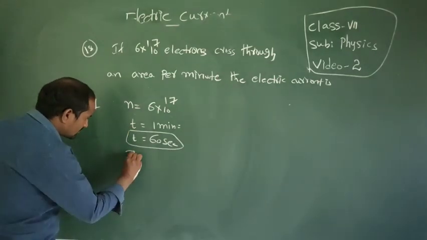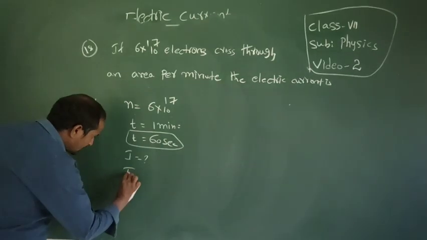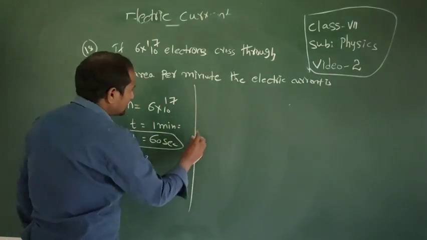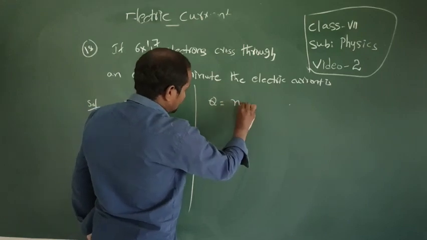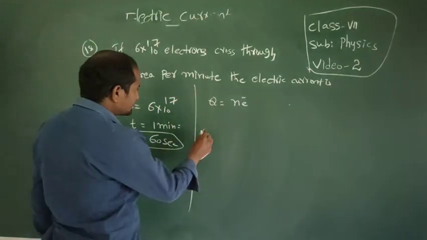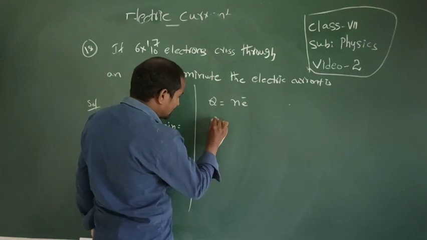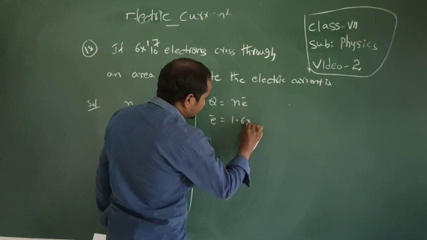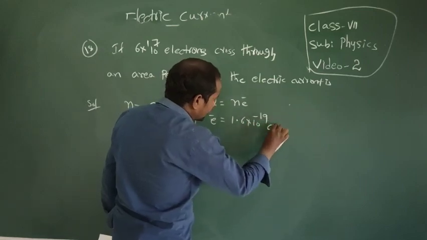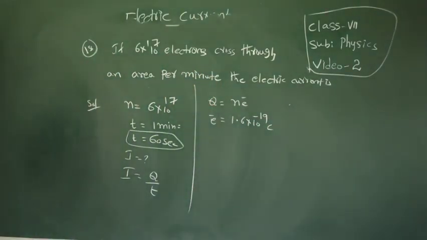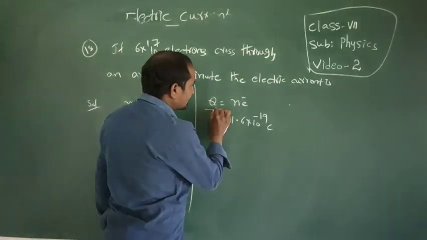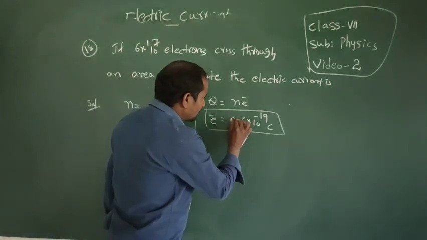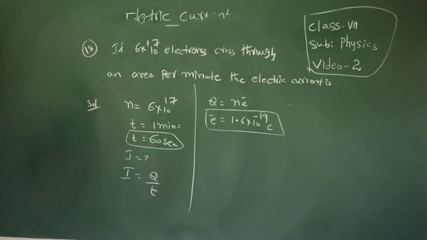We know that I equal to Q by T. But here Q equal to n into e. So e means the charge on one electron, equal to 1.6 into 10 power minus 19 coulombs. It is the e value.